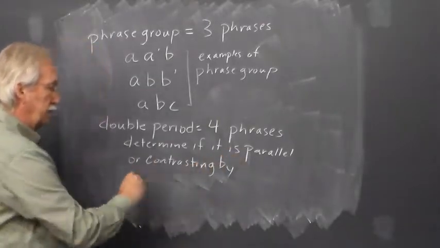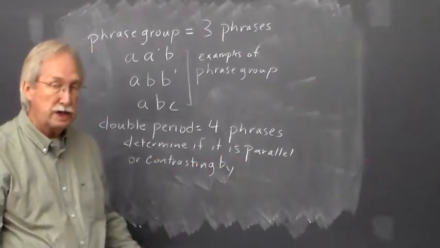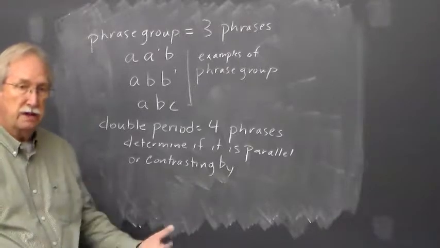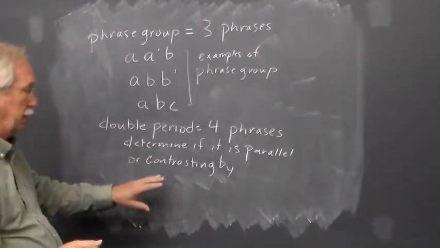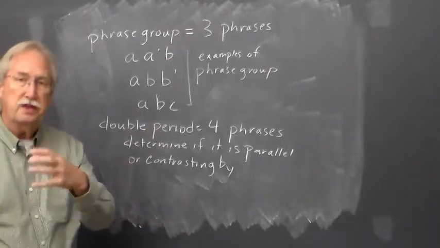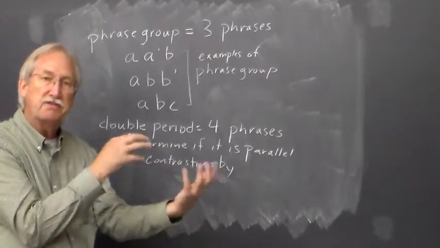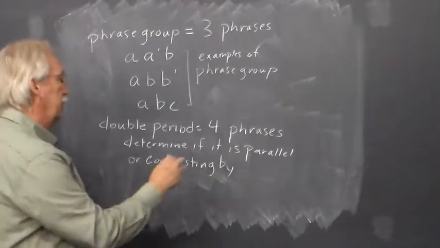And the way to determine those is the same criteria in terms of comparing the first measure of the first phrase in a double period, but you compare it with the beginning of the third phrase in a double period.